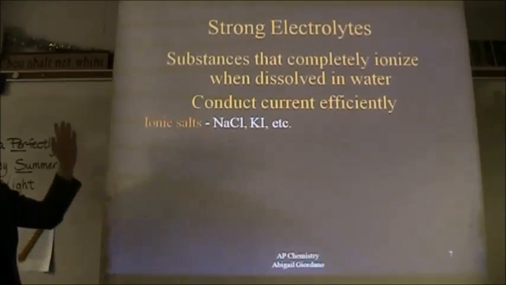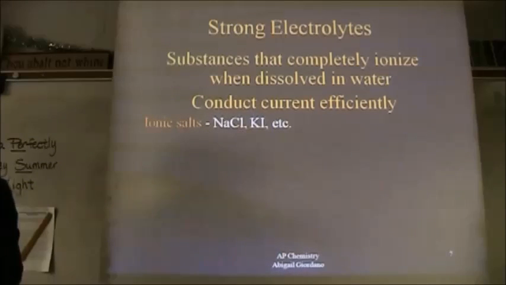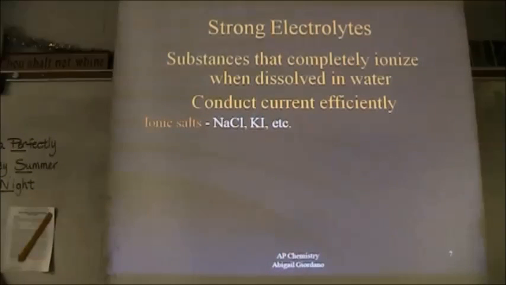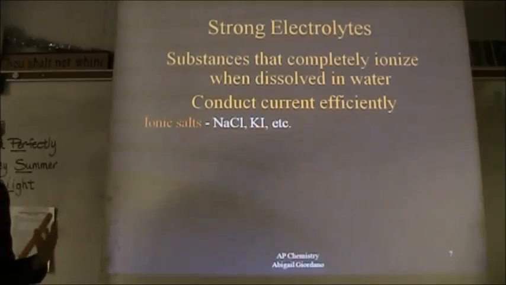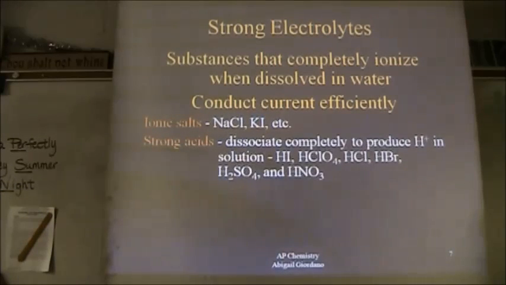And when I say these things conduct current efficiently, that means if I were to put a set of electrodes into a solution of, let's say, sodium chloride, we could get a light bulb to light up brightly. What else is a strong electrolyte? Your strong acids.